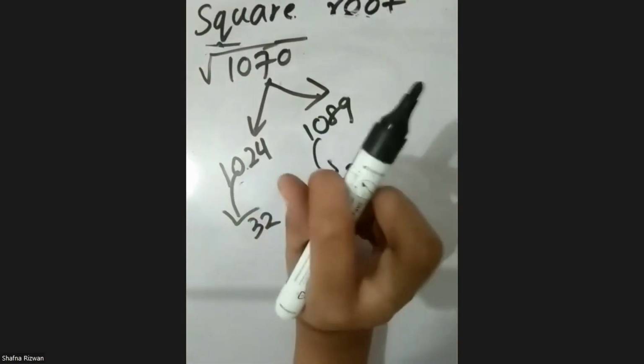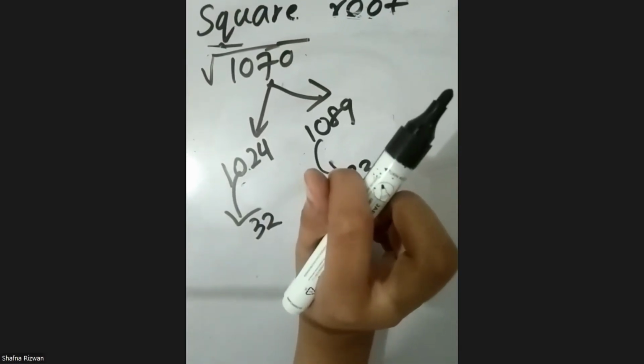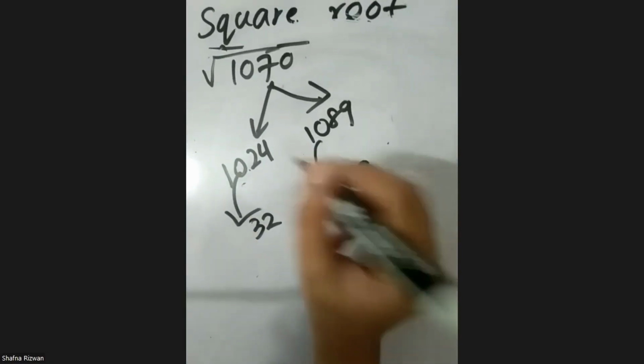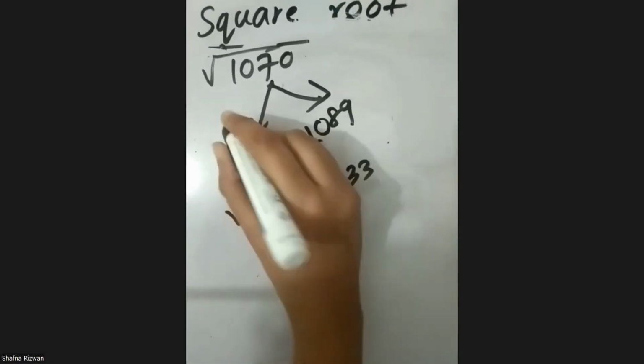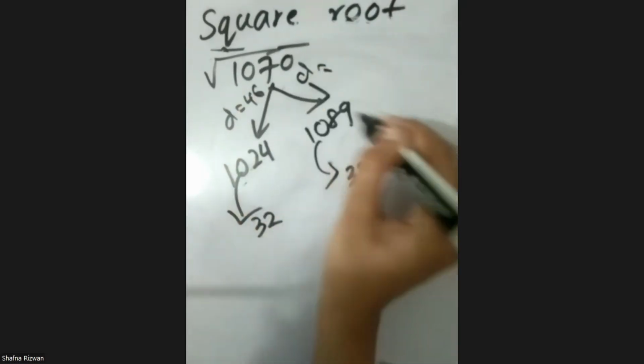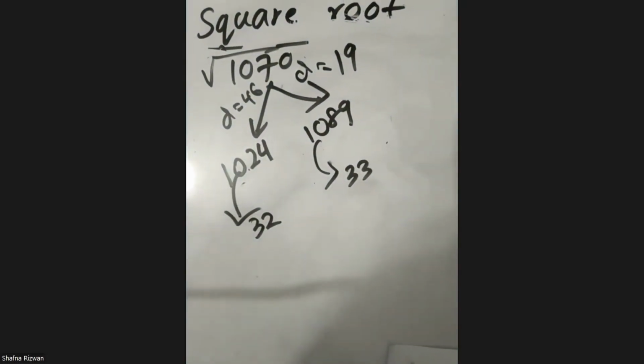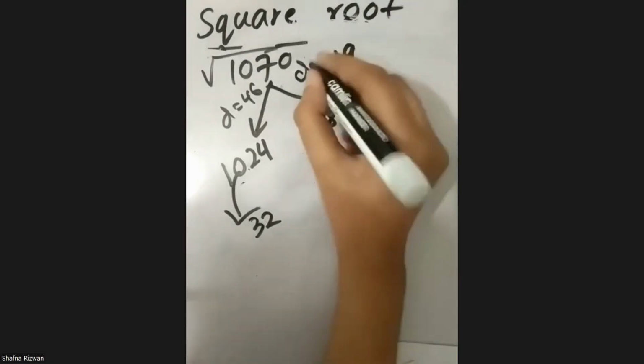Now what can you do here? What's the difference between 1070 and 1024? What's the difference that you have here? 46. And what's the difference that you have here? That is 19. So here the difference is 46, and there the difference is 19.